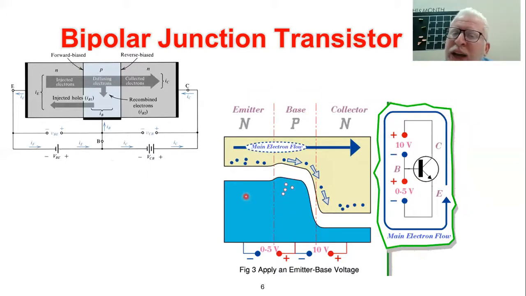And please don't forget that you also have some holes here, which are a minority carrier, that can drift from the collector to the base and then from the base to the emitter. But of course, this is a minority carrier current, so it's somehow low with respect to other components.